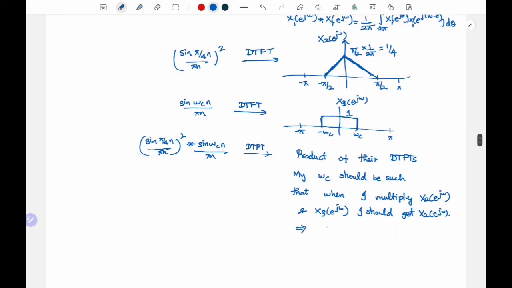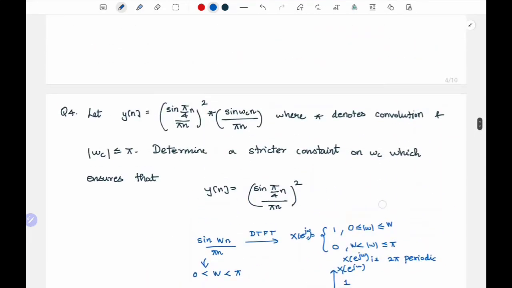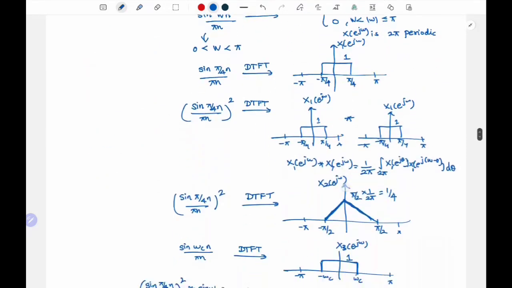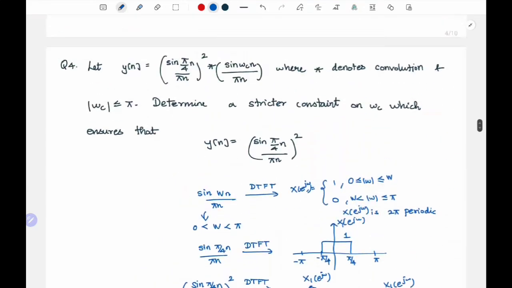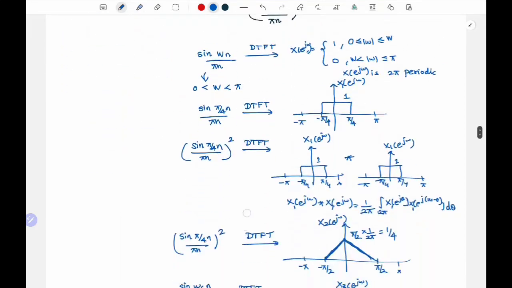Which implies that my omega c should be at least greater than or equal to pi by 2. Okay, so that is my constraint here. My mod omega c is less than or equal to pi is the constraint they have given. And the constraint we got is mod omega c greater than or equal to pi by 2. So this is what is required. Okay.